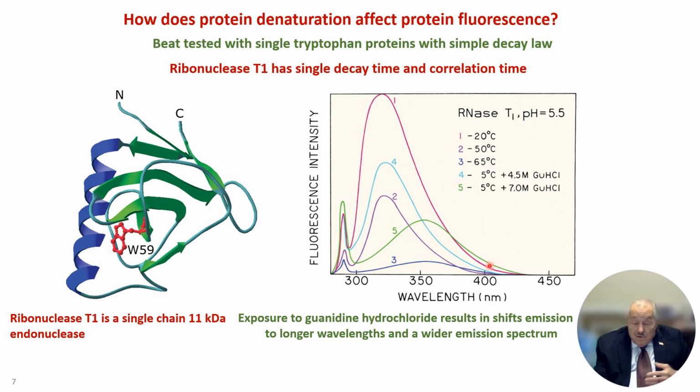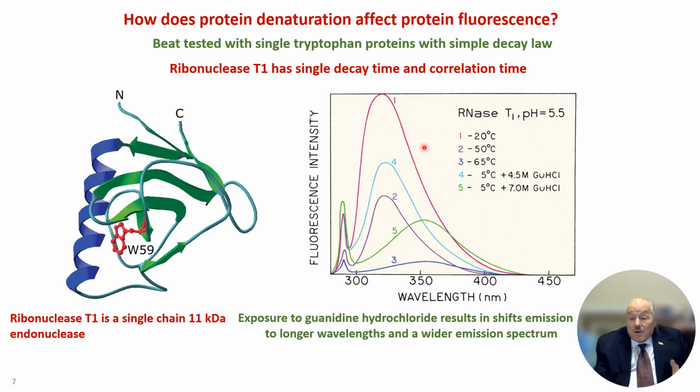So here, if you look at the emission spectra, the excitation wavelength must have been 295 nanometers, because we didn't filter it out very well. So this has nothing to do with the T1 emission. But you have a blue shifted emission in the native state, typical.